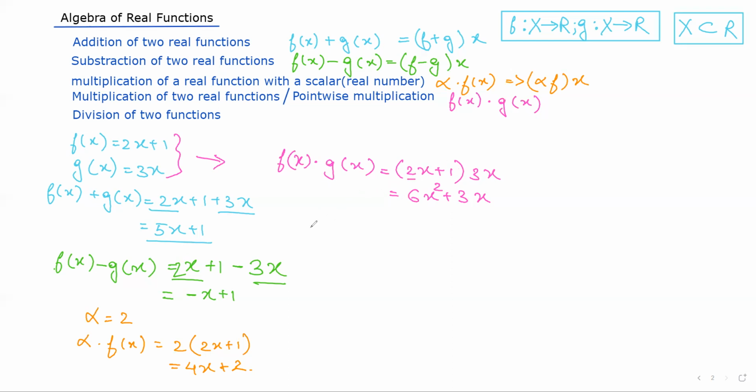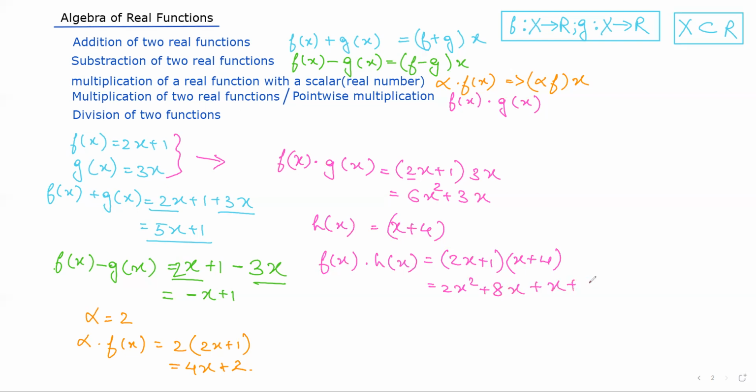If instead of g of x, we would have had h of x as, say, x plus 4, and now you're multiplying f of x with h of x. So binomial multiplied by binomial, 2x plus 1 multiplied by x plus 4. This is 2x squared plus 8x plus x plus 4.